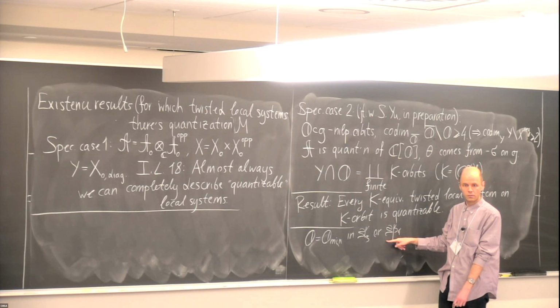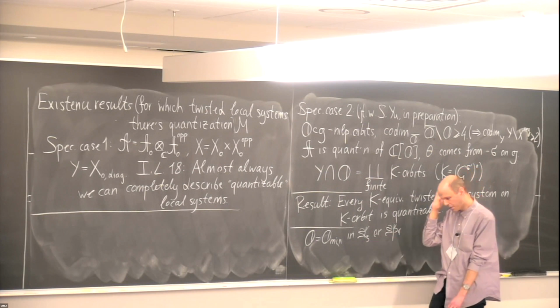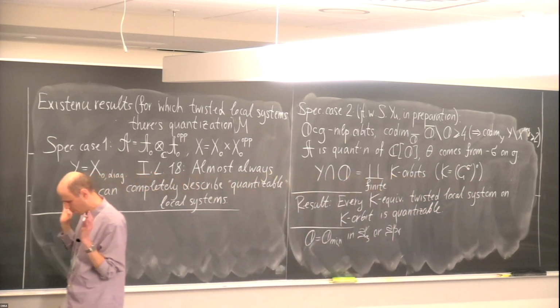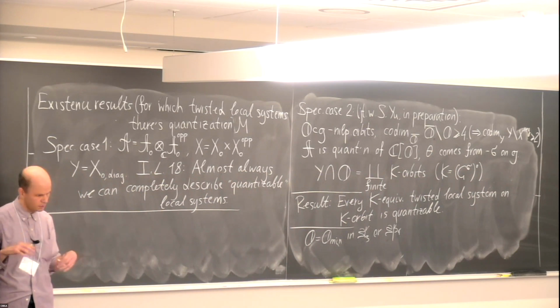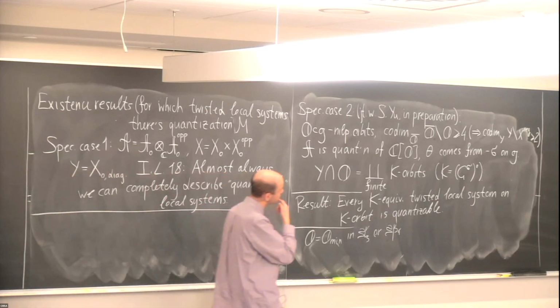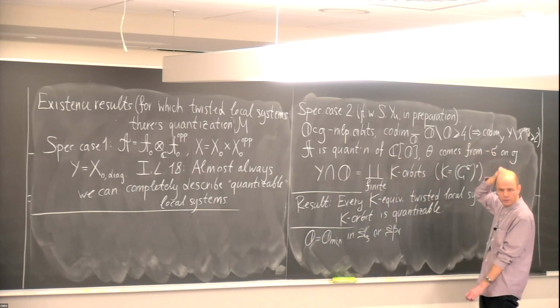But yes, back to the question that you asked, yes, it happens often. You can completely classify when this happens. For example, for the algebra SLn, nilpotent orbits are classified by partitions, and the condition on the dimension just means that the adjacent parts differ at most by one.